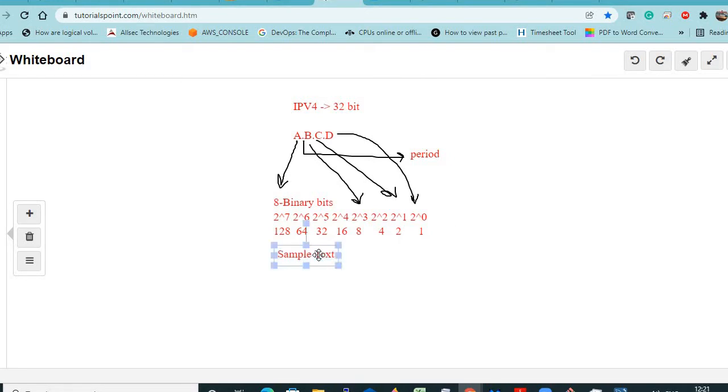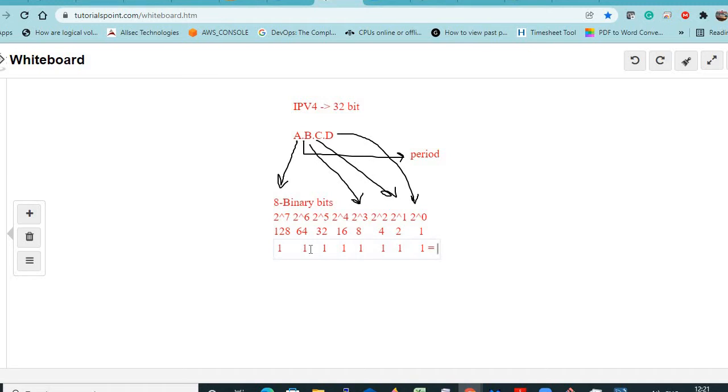in binary what happens, the computer understands only the sequence of zeros and ones, right? So if the value is 1, that means true. Now if all the binary bits are replaced with 1, that means all the binary bits are true.